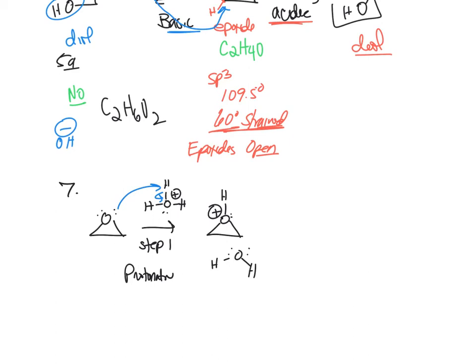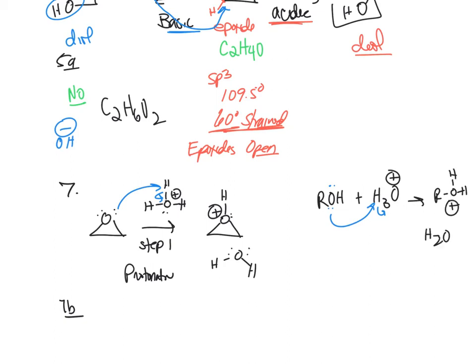Okay, so now for 7B. Draw the mechanism for the protonation of an alcohol. So if we did an alcohol here, with an acid, which we've done before, the alcohol gets protonated, and you get water.